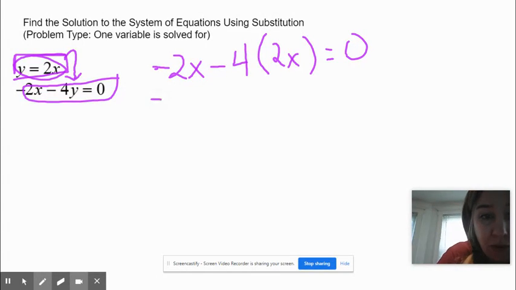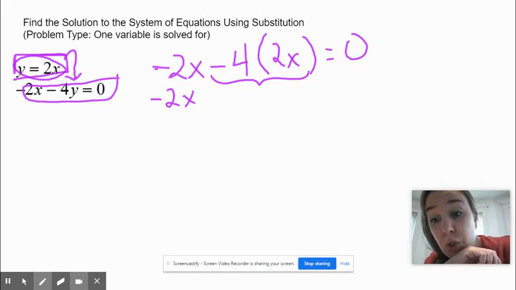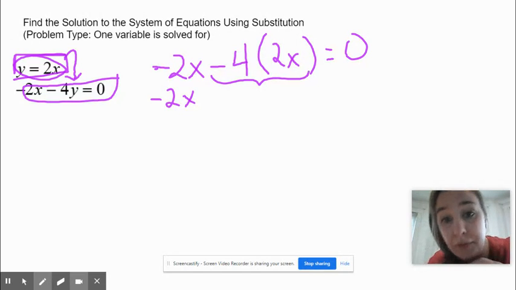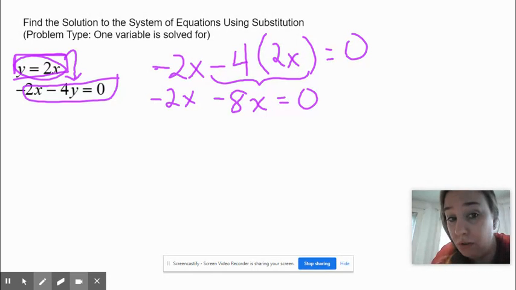So same as before, we just kind of rewrite. Negative 4 times 2x, negative 4 times 2 is negative 8. And we can't forget our friend x equals 0. So now I can combine like terms. I have negative 2x minus 8x.